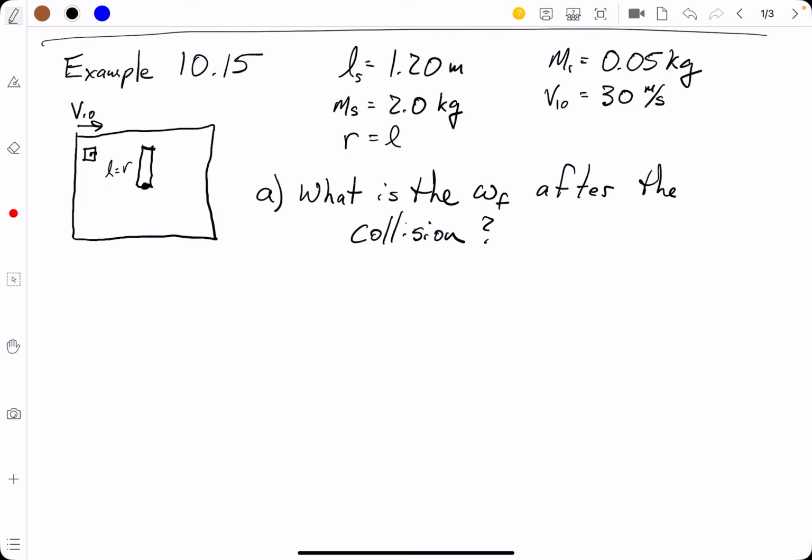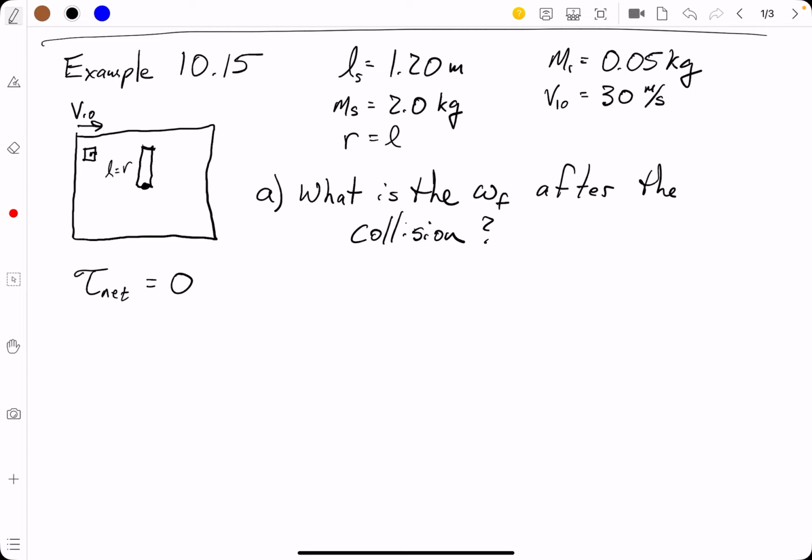Is there an external torque? You've got to ask yourself, is there a net torque, or does it equal 0? Because if it equals 0, then we can do our conservation of angular momentum. I think it equals 0. We don't have anybody putting torque or forces or any other stuff on this.